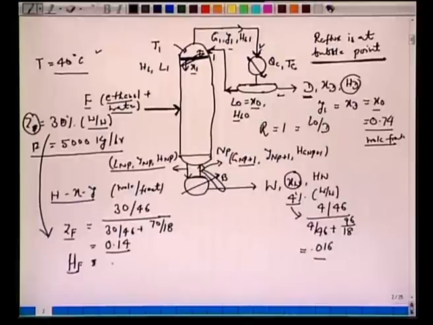For this problem, let's say that HF is given as 4790 kilojoule per kilomole, right, and it's a cold feed. So we will see that this coordinate for this HF corresponding to this XF, which is now ZF, falls below the saturated liquid enthalpy.